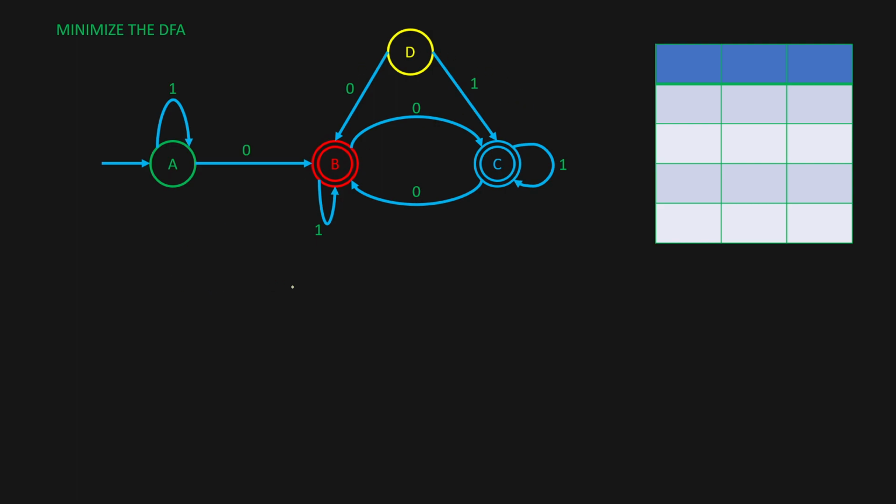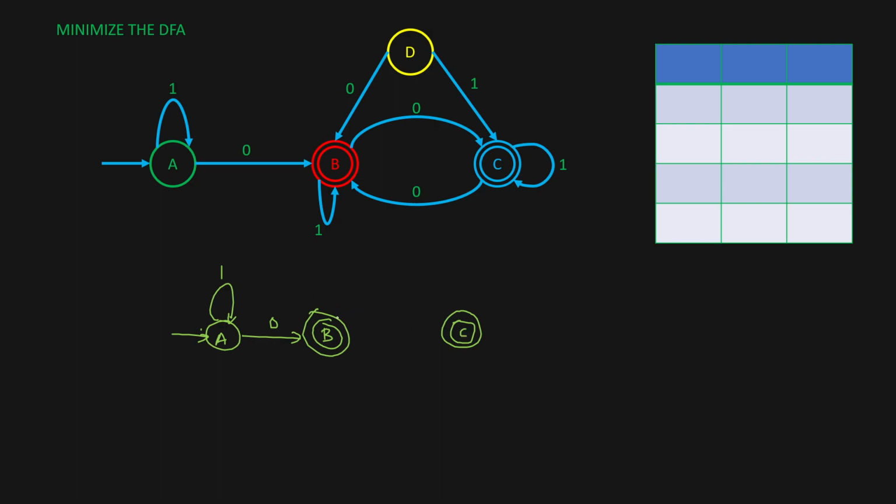So if we eliminate this state, we'll get a new DFA that is going to look somewhat like this. We have got starting state A. You get input 1, you stay in state A. You get input 0, you go to state B, and since state B is final, it is a double circle. Then we have got state C over here, again a double circle.